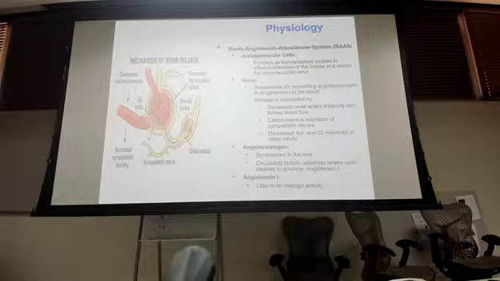So not only do they sense decrease in pressure, they also will fire off if they sense decreased sodium out in the distal tubule. Remember that from way back, 2 semesters ago? Or increased sympathetic stimulation. So if the sympathetic nervous system's fired off, it's going to pick up on those hormones too, and we'll get specific into which ones, but that's also going to cause the release of renin.